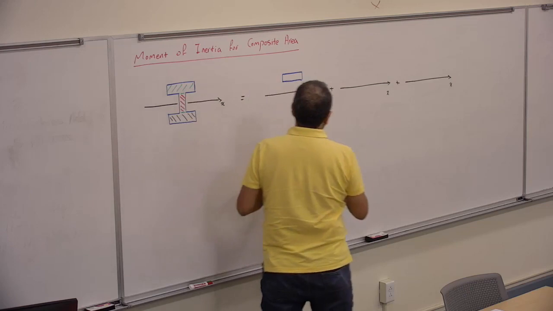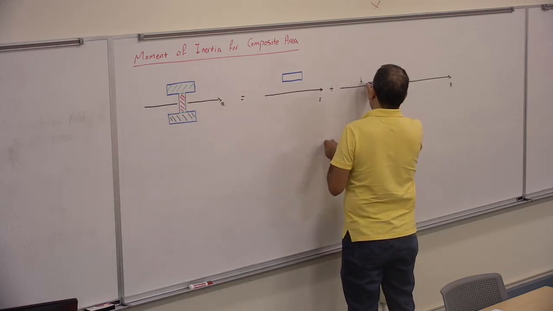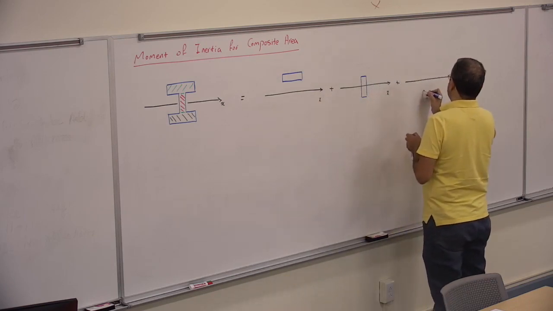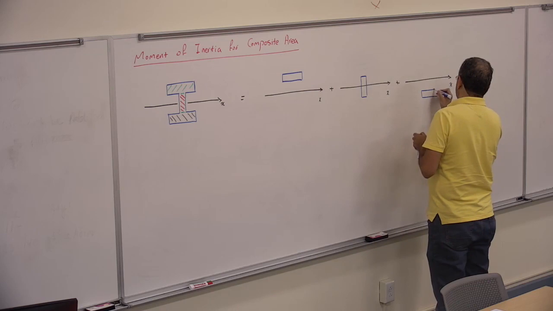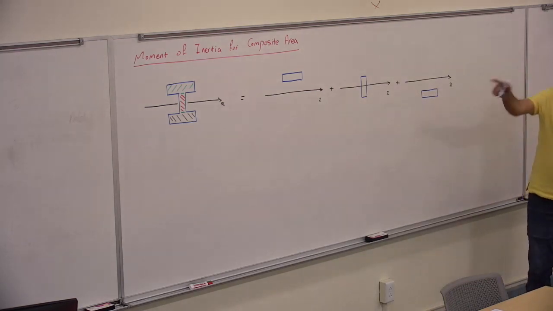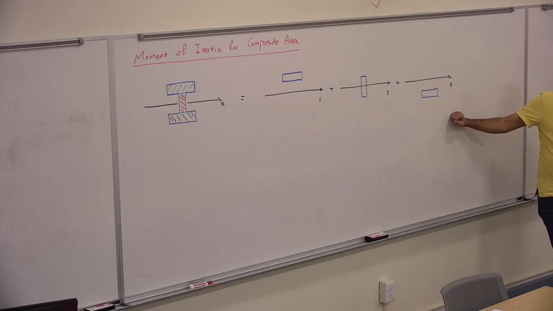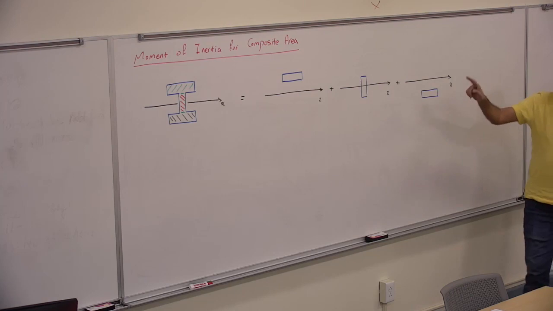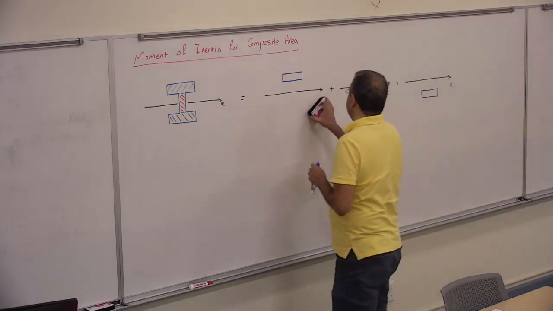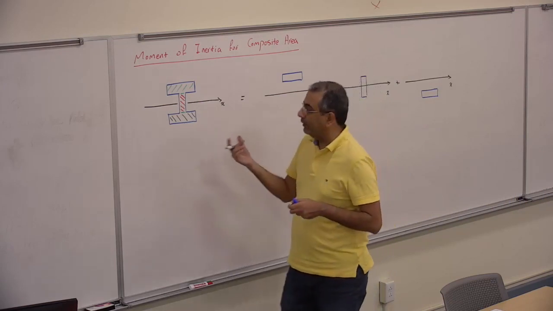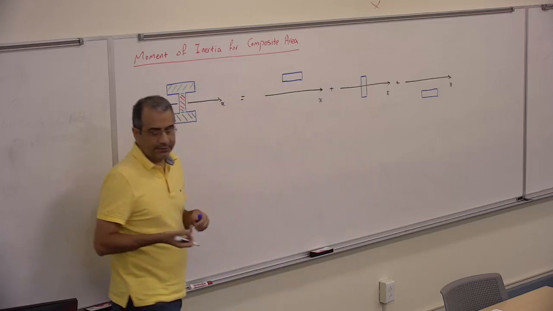The second one is the vertical one sitting here. And the third one is the one that's sitting down here. So that is equal to these three. Agree up here? So I can break it into these three. Now that I have them, I have to find the moment of inertia for each of them separately.